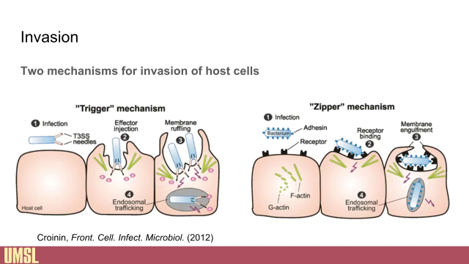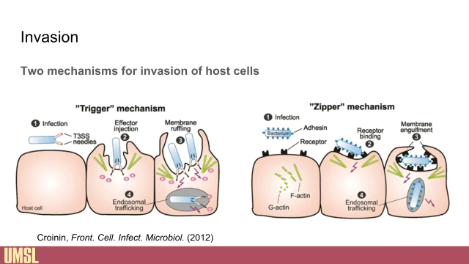What these bacteria are doing is interacting with multiples of these cadherin receptors and inducing endocytosis through interaction with multiple surface receptors and the formation of this vacuole. So the output of both of these processes is the formation of a vacuole, with the bacterium now residing inside of the host cell. The trigger mechanism uses secreted proteins to perturb normal signaling in the host cell to induce endocytosis. The zipper mechanism does not use effector proteins.